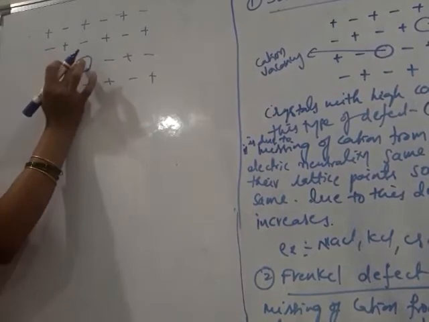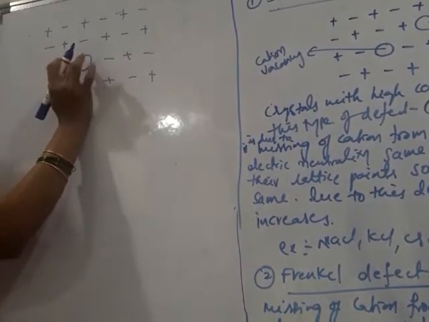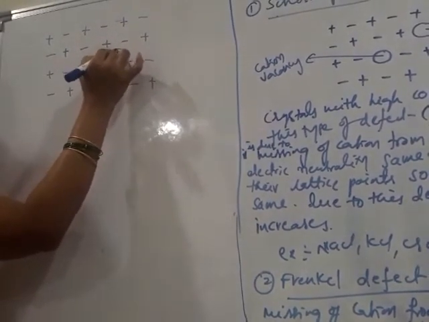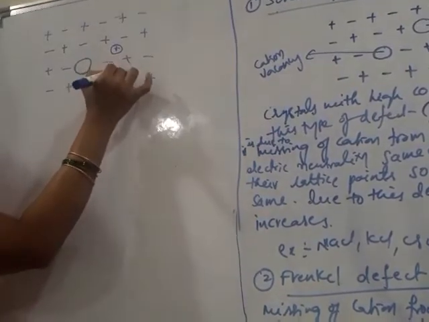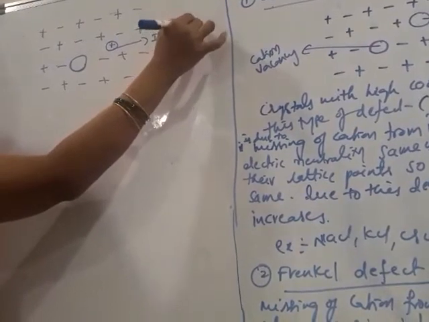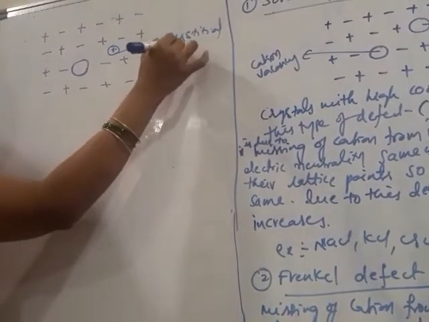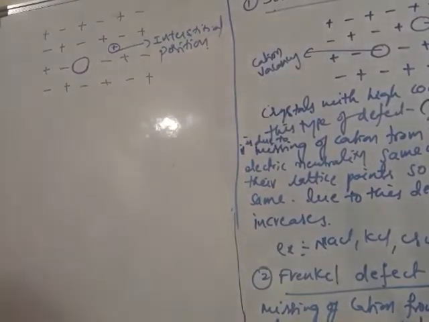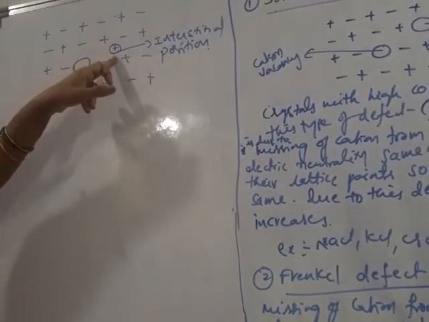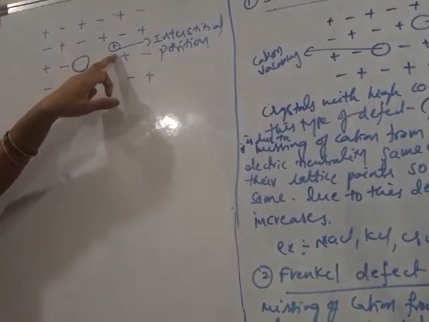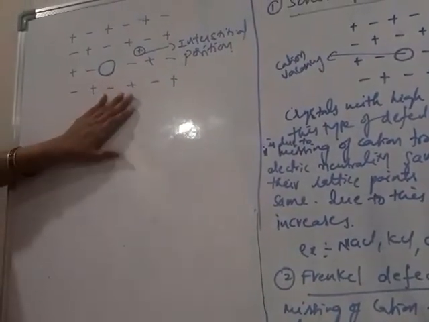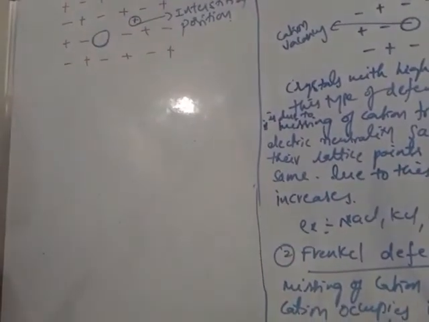The cation present here escapes and occupies the interstitial position. So this position is called interstitial position. The missed cation from its lattice point occupies this interstitial position. So the ion remains within the crystal itself, and that's why there is no change in the density.